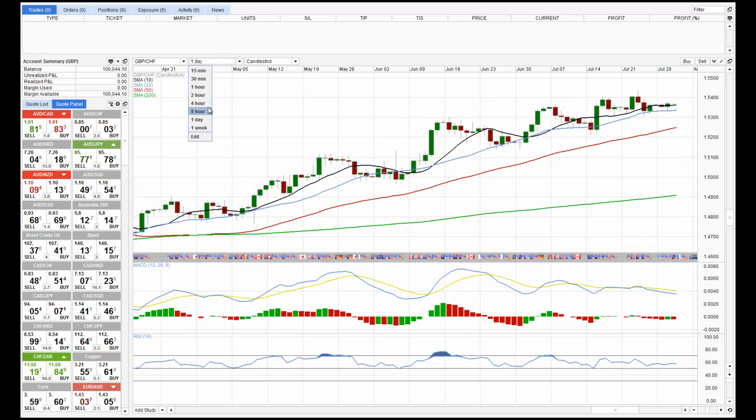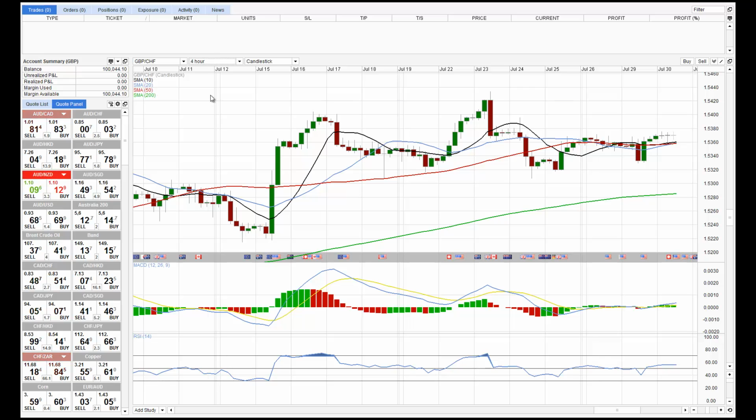So coming down to the lower time frames, like on the 4-hour chart, and again, if we just look at potential levels through here, it doesn't matter where you draw this, you can see that there's an area here that price has found resistance at a number of times, it's found support at, it's found resistance. We're just breaking through that level at the moment with some nice agreement with the indicators as well.